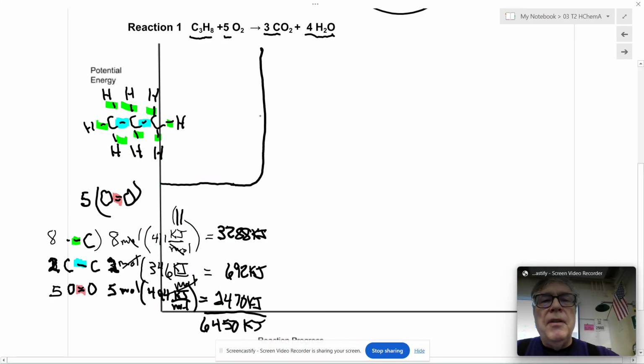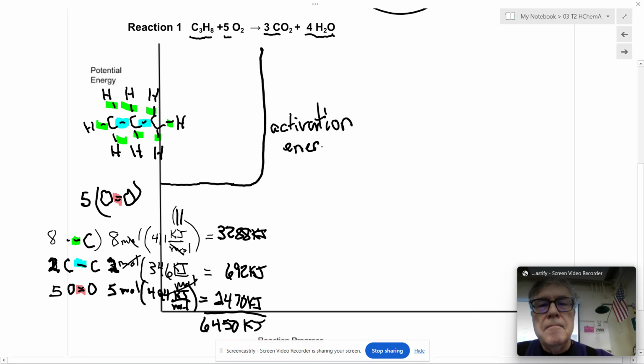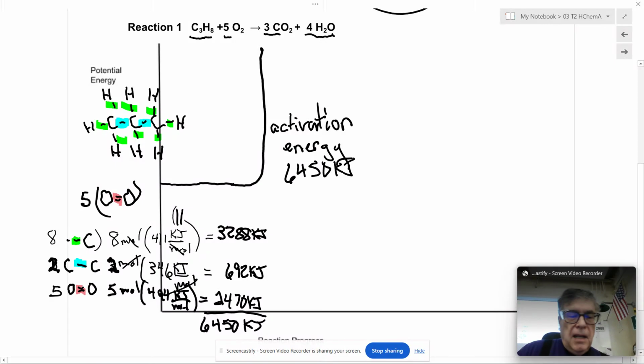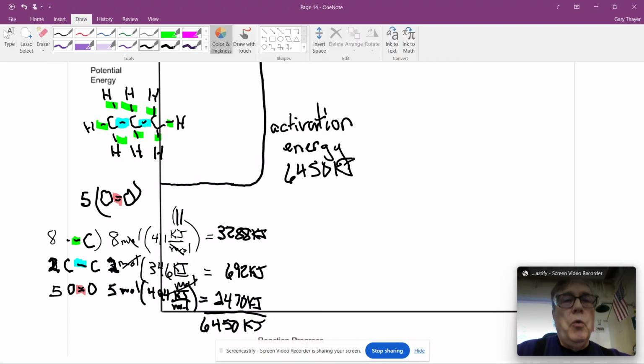So we're going to label that as activation energy, and we're going to call it 6,450 kilojoules.